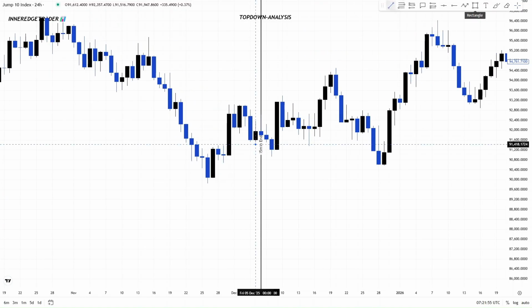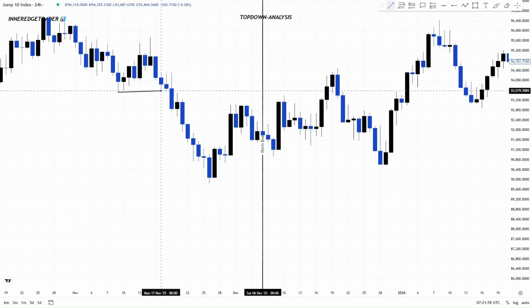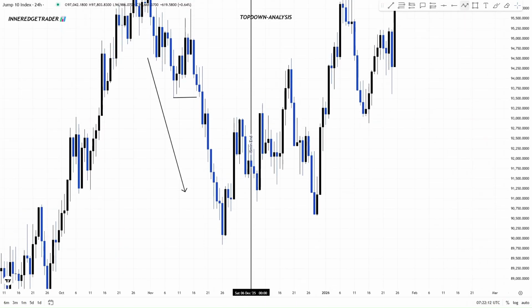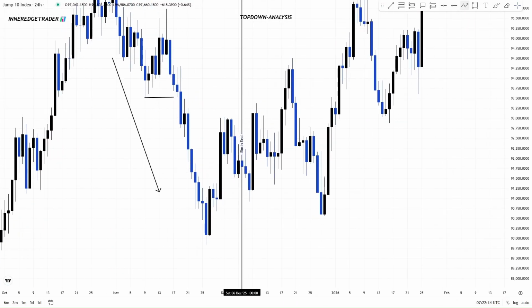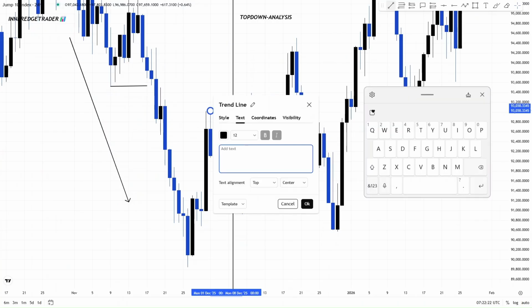Looking at the market from previous movements, we can see the market has been making a series of lower lows to the downside, which indicates the market was in a bearish momentum for a while. Then it started to switch momentum, starting from this change of character.